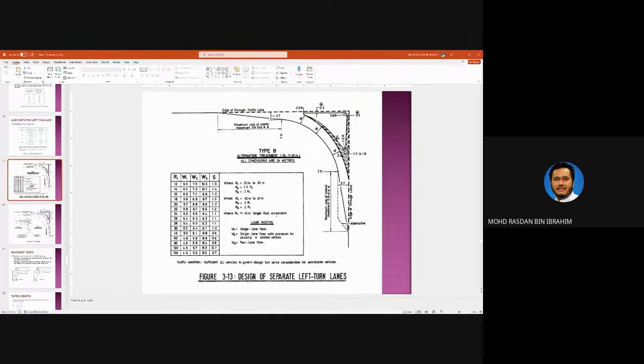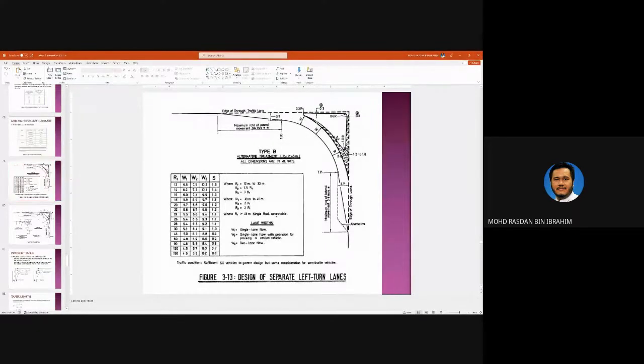Okay, sekejap. Okay. Where radius is more than 45 meters, this is larger for higher standard road, higher hierarchy roads. R1 mana? Minit anak saya pula. Okay.